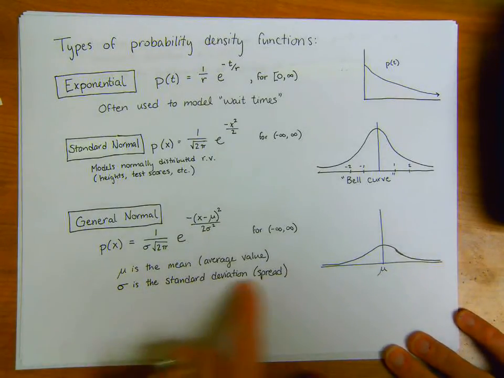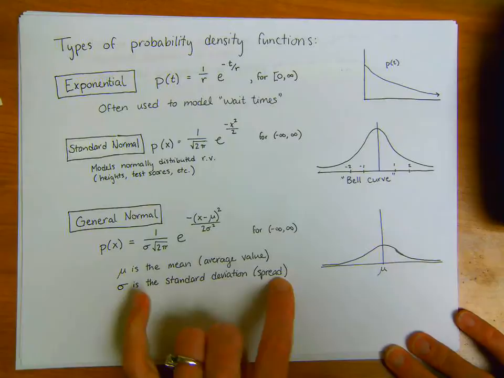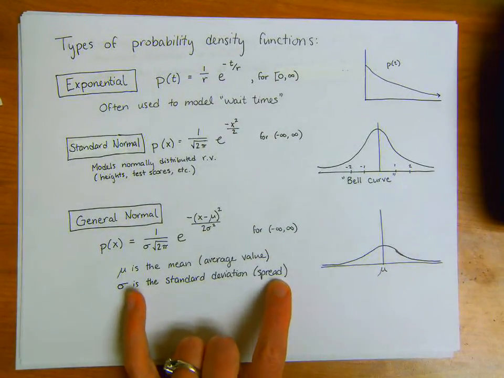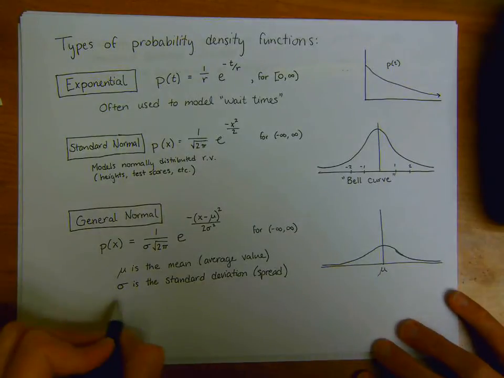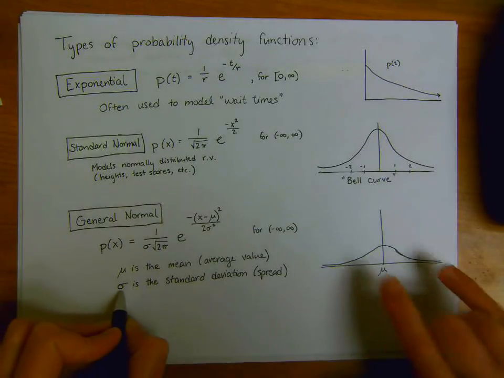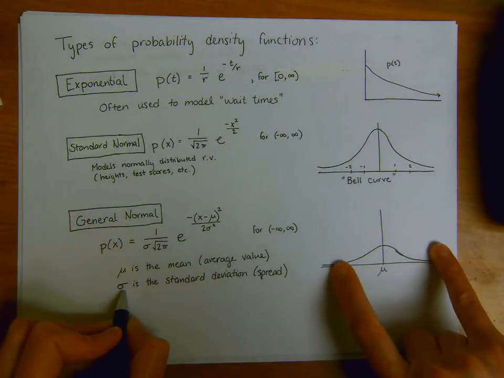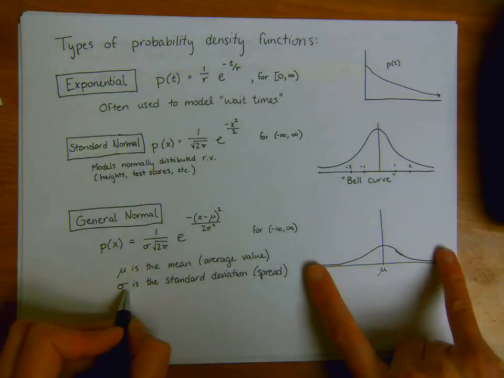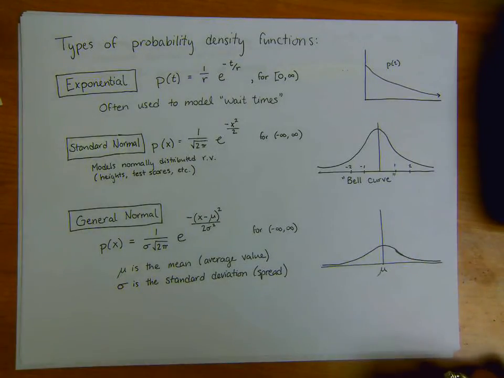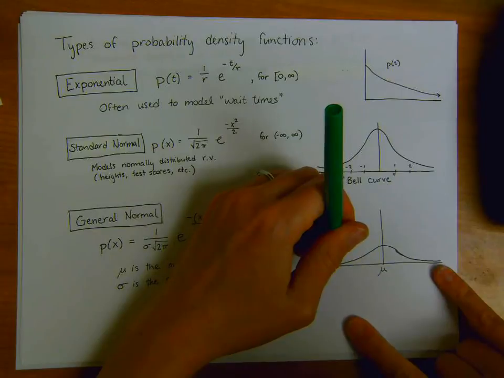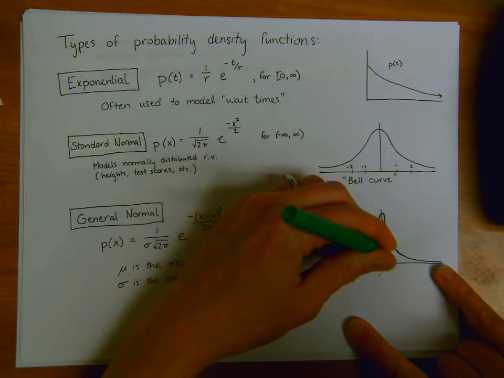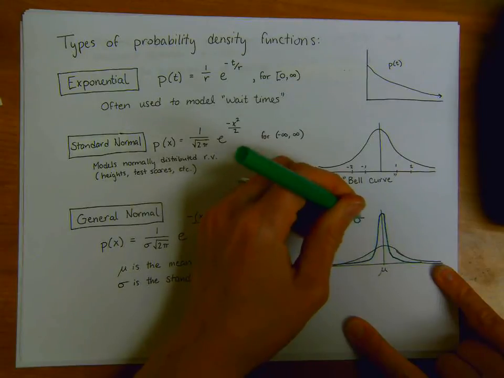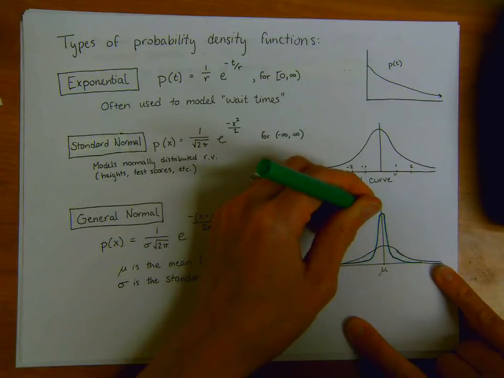Sigma is your standard deviation. It's a measure of spread. If you have a really high standard deviation, it means that your curve is more spread out. And if you have a really low standard deviation, it means that your curve is more squished. So, for example, if I had a sigma value of like 0.3, it would be something that was really squished around the mean.